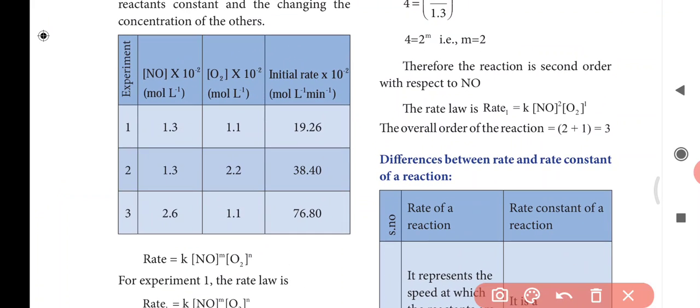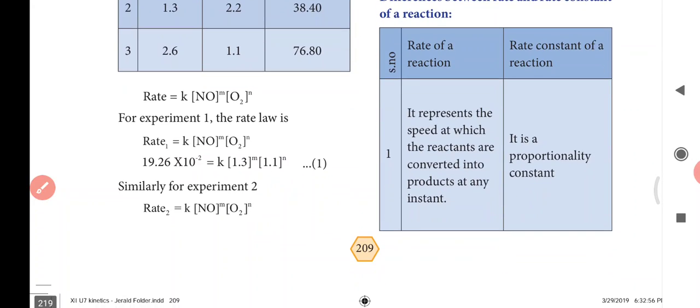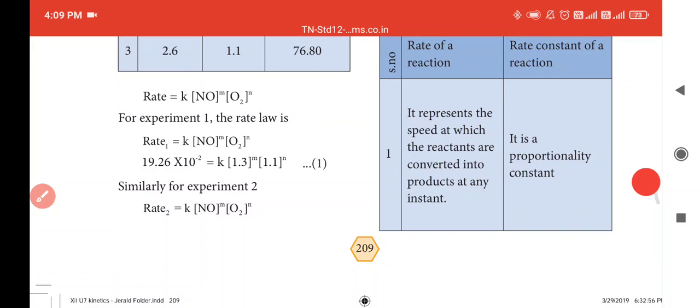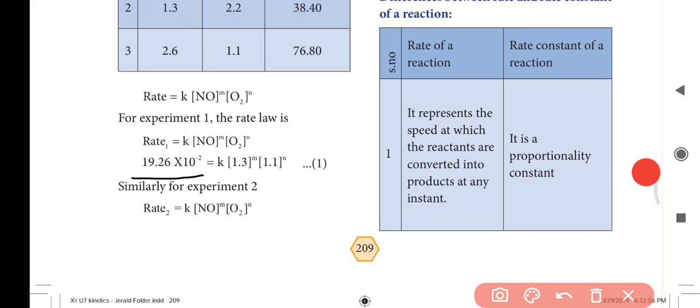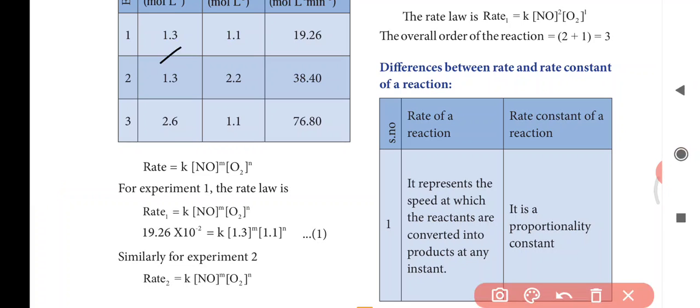The 10 to the power of minus 2 is given at the top of the table, so we can take the same factor for all three. So 19.26 times 10 to the power of minus 2 equals k times 1.3 to the power m, times 1 to the power n.